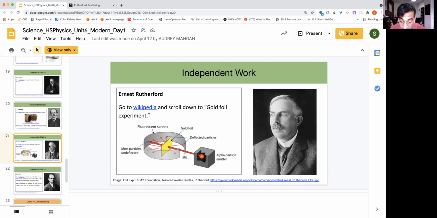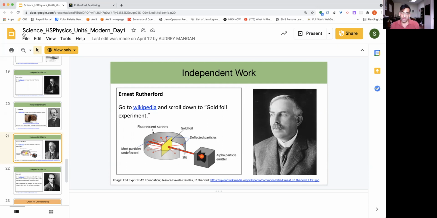So he predicted that the alpha particles, which are positively charged, would bounce off, because he felt that atoms were probably positively charged. They would be repelled because, as we know from the electrostatic force, like charges repel. But what actually happened was different.